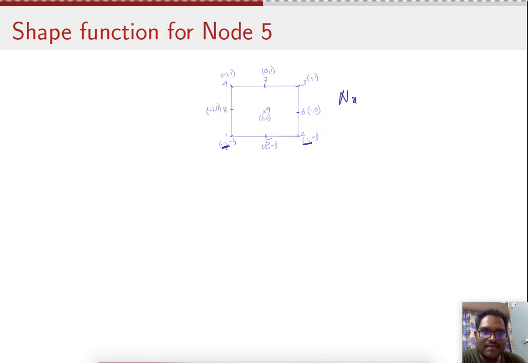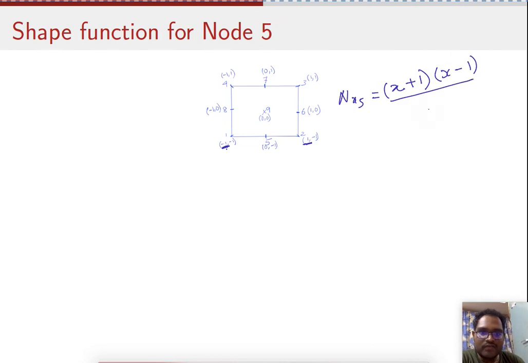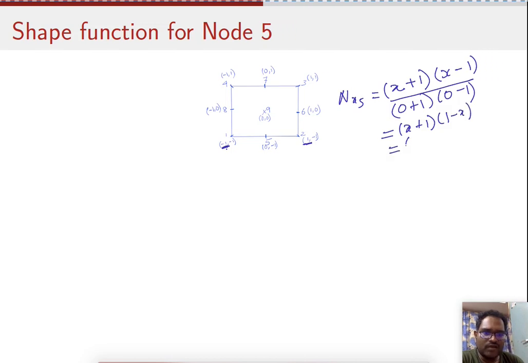So your nx5 is x minus of minus 1, which is x plus 1, and x minus 1, where the value of x over here is 0. So it is 0 plus 1, and then 0 minus 1. Put together, you'll have x plus 1 into 1 minus x, or you can change it to 1 plus x into 1 minus x, which is just 1 minus x square.